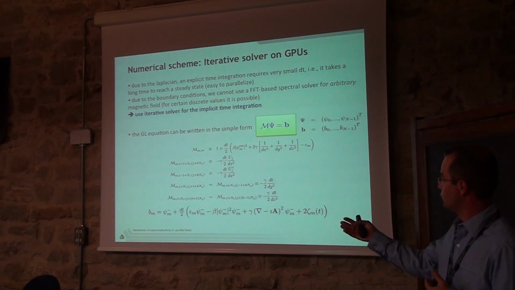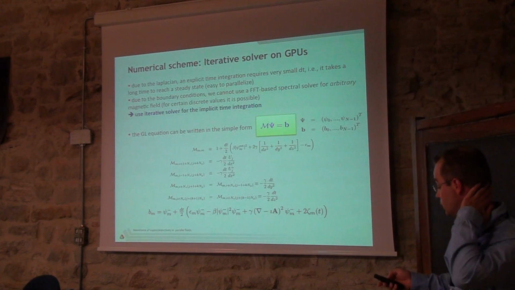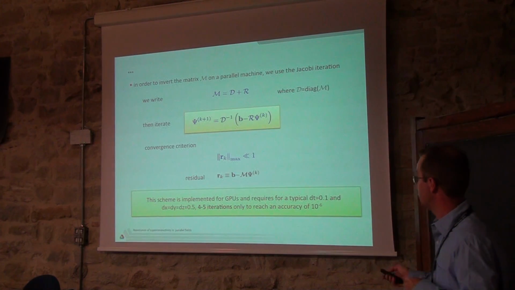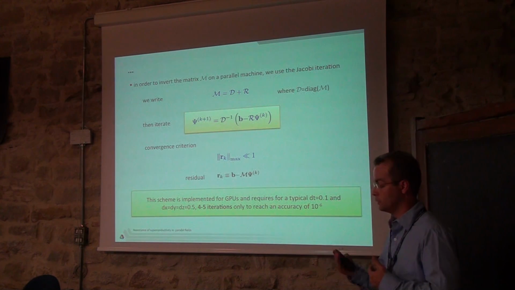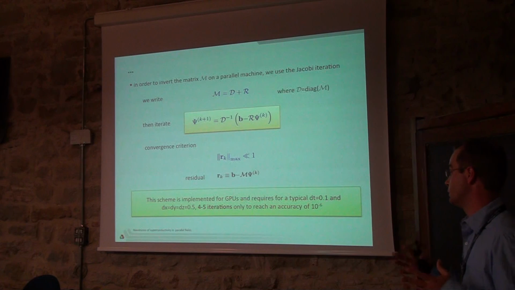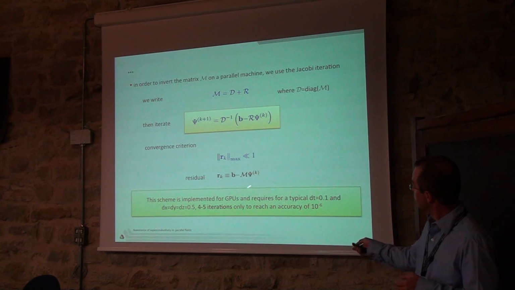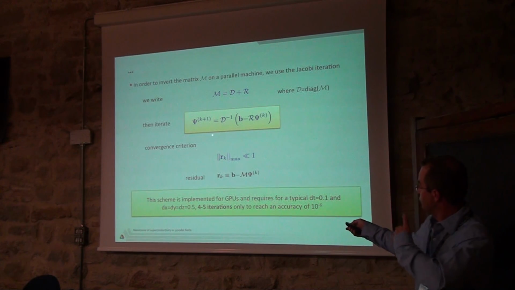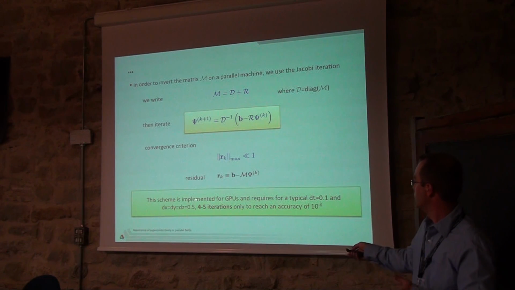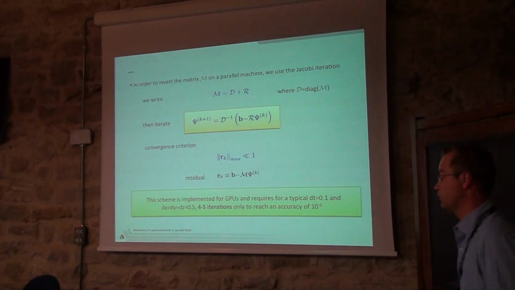And in particular for the regular mesh, which we implement mostly on the graphic cards, we use something called the Jacobi iteration, where you just decompose this linearized matrix and invert it iteratively. And this method is very efficient. So basically you need to iterate your solution every time step about only 4 to 5 times to reach an accuracy of 10 to the minus 6.